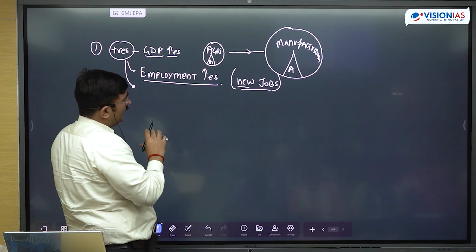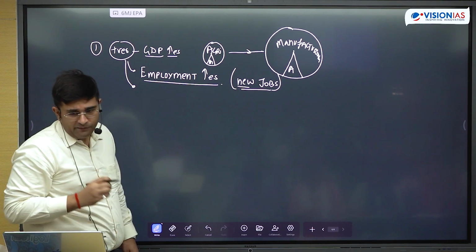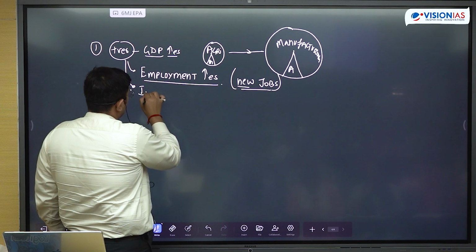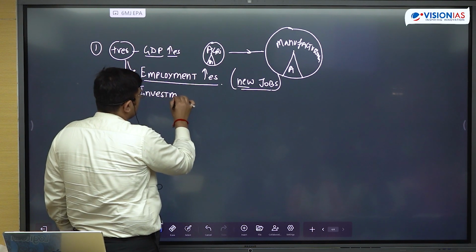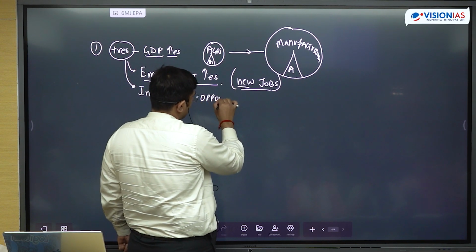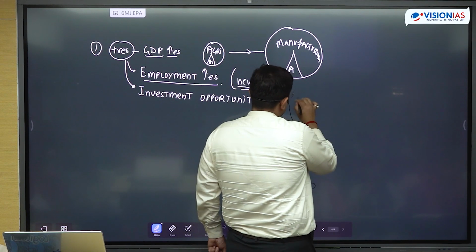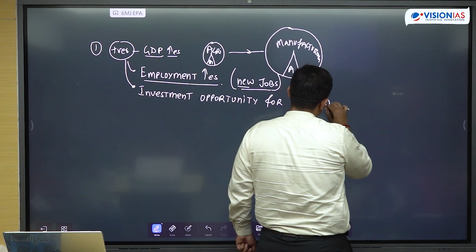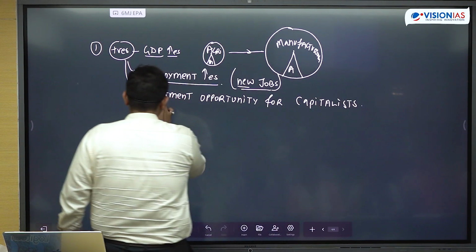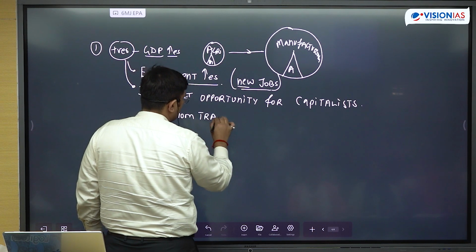Third point, since the economy is expanding, can we say that the industrial revolution also resulted in the availability of investment opportunities? Which was the class that benefited the most? Investment opportunities for the capitalists. And in fact, you can further add that earlier it was the traders who dominated.